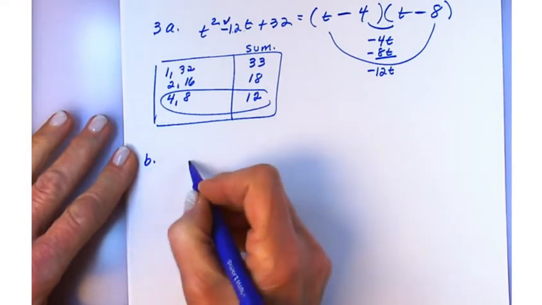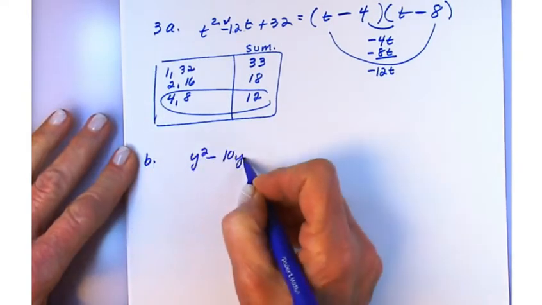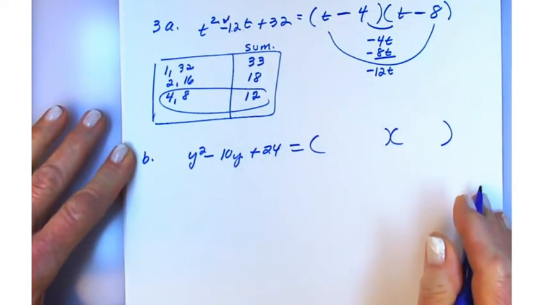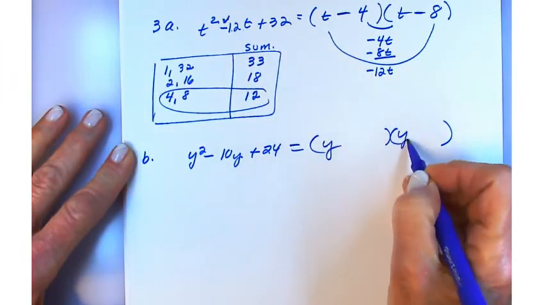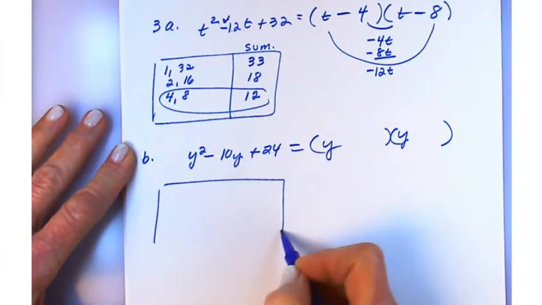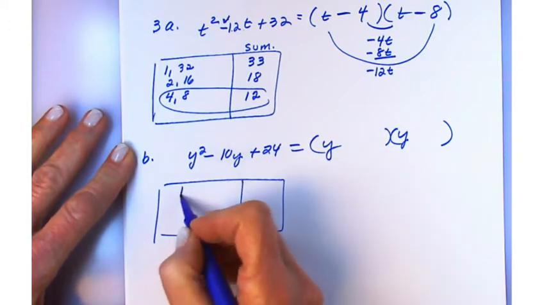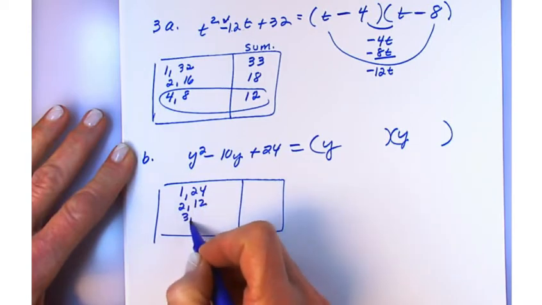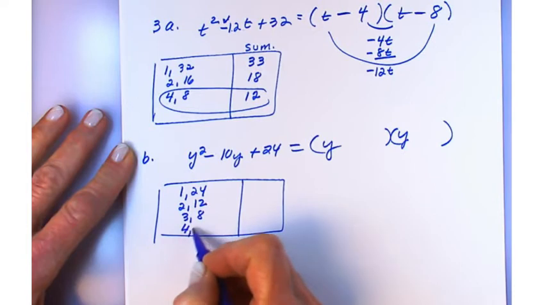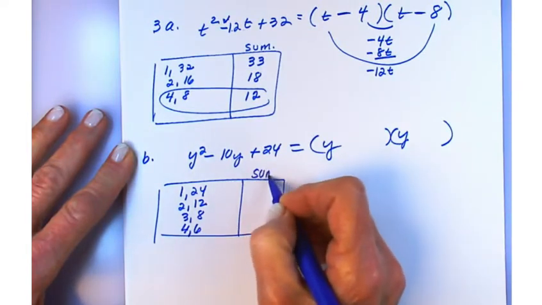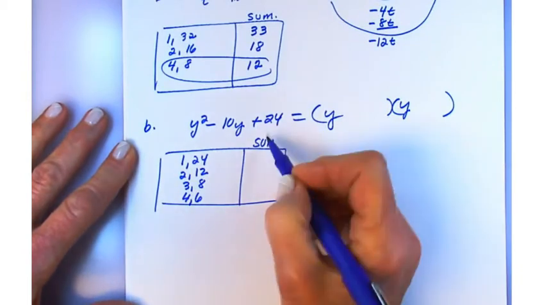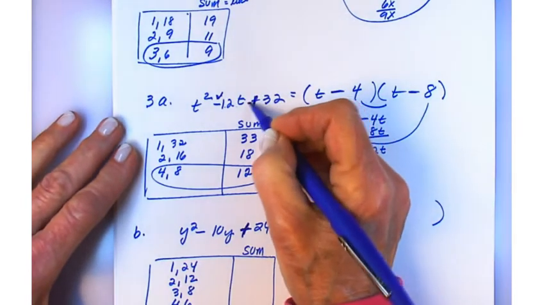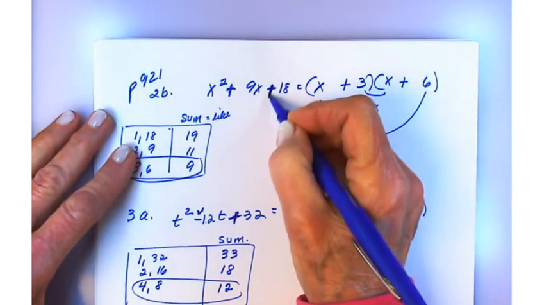B. y squared minus 10y plus 24. 2 scoops, y and y. My box is going to equal 1 and 24, 2 and 12, 3 and 8, 4 and 6. I need a sum. The reason I'm looking for a sum is because all of these have a positive last term.